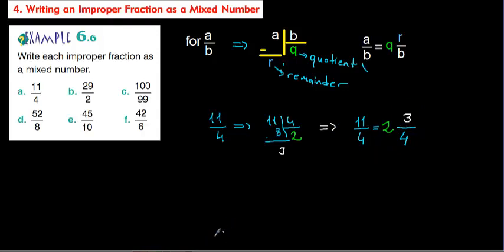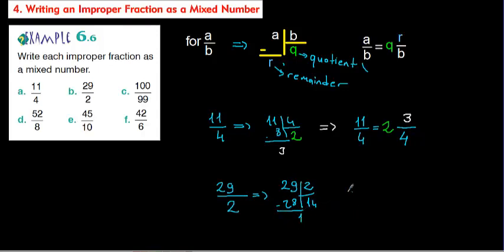Okay, in another example, 29/2 is equal to, I'm going to divide 29 by 2. Here we have 28, 14 times 2 is equal to 28, and the remainder is equal to 1.